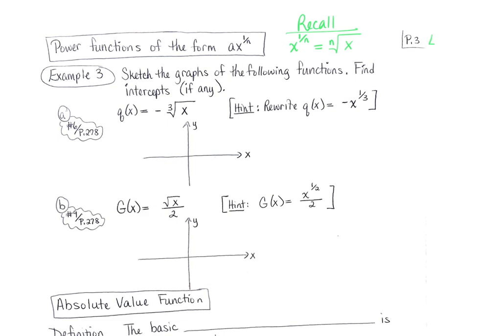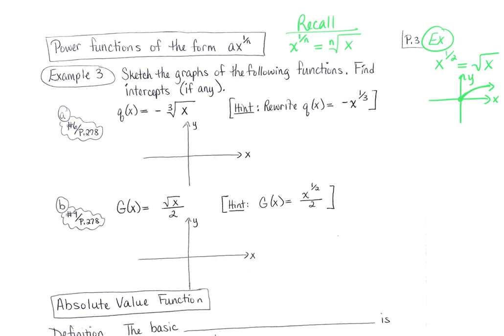So for example, if you have x to the 1/2, that's the same thing as what? The square root of x. Very good. That's the same thing as the square root of x. We know the graph of the square root of x. We've graphed that before. The square root of x has this graph.